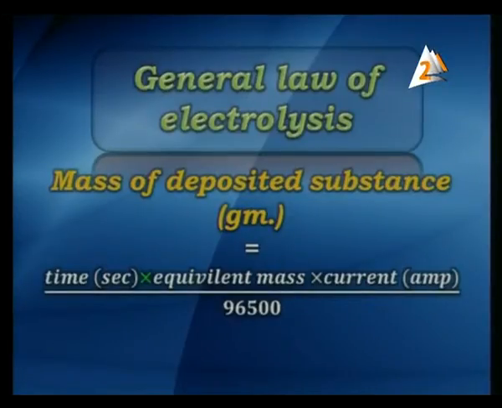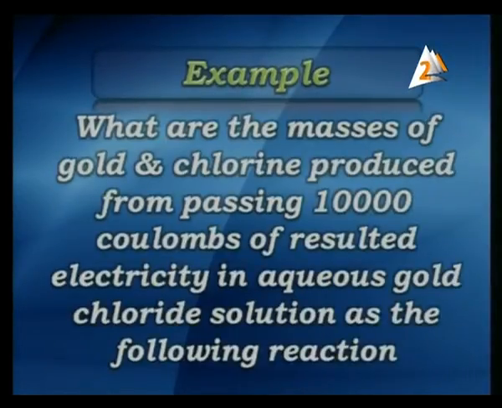Now let's see the example. Concentrate with us very well to solve this example. What are the masses of gold and chlorine produced from passing 10,000 coulombs of electricity in aqueous gold chloride solution? It's very important to know the gold and the chlorine are in the same solution, with the following reactions.